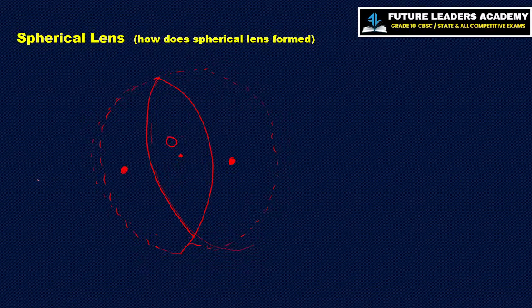Then the line that passes through them is called the principal axis. Now the optical center. Then we have the centers of curvature.